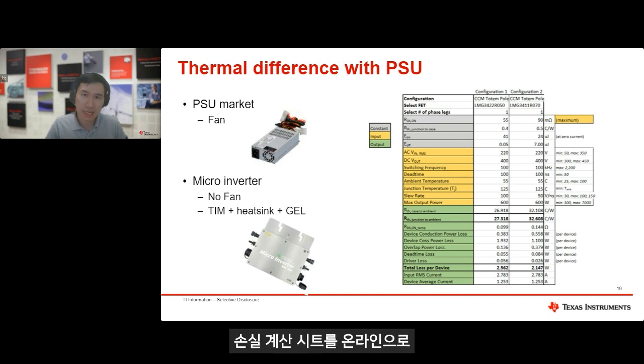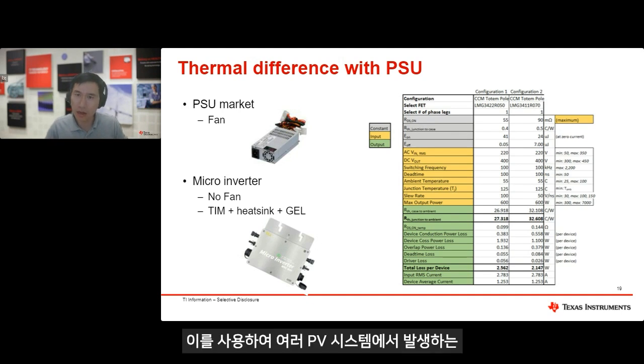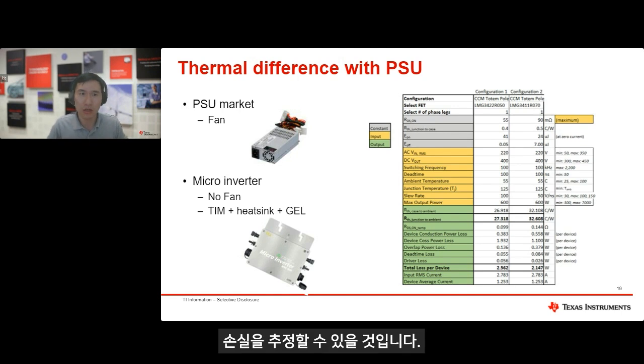With that, we offer a loss calculation sheet online, so you can use it to estimate how much loss will be produced in different PV systems. Based on the loss estimation, you can come up with the best design for your system.